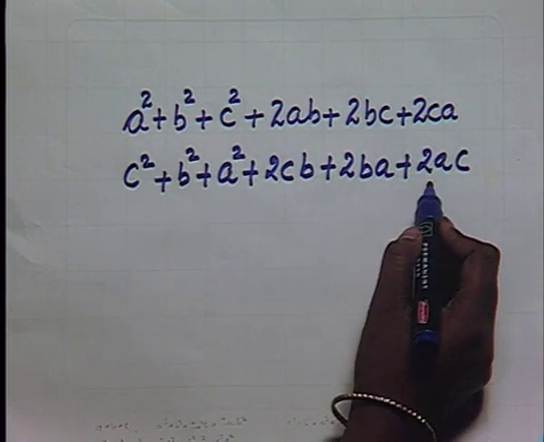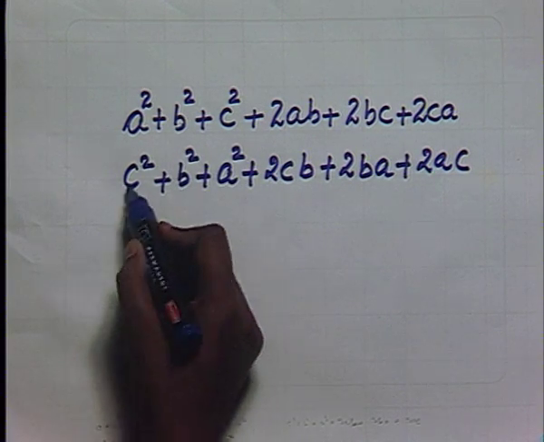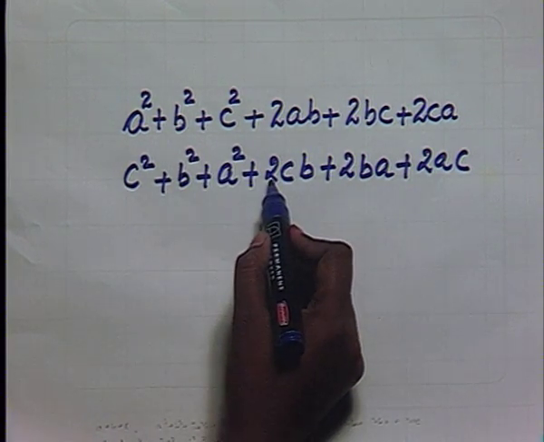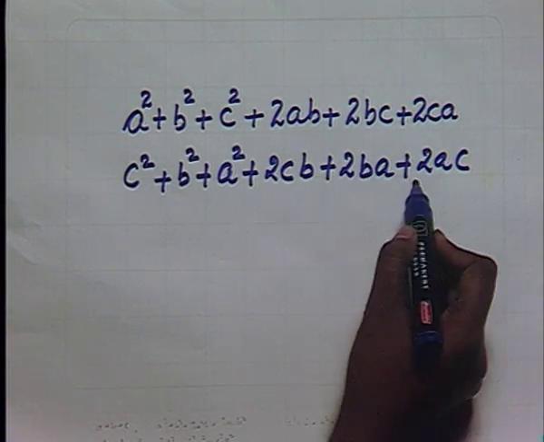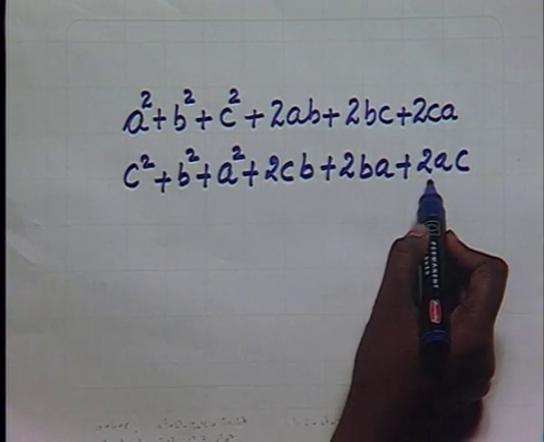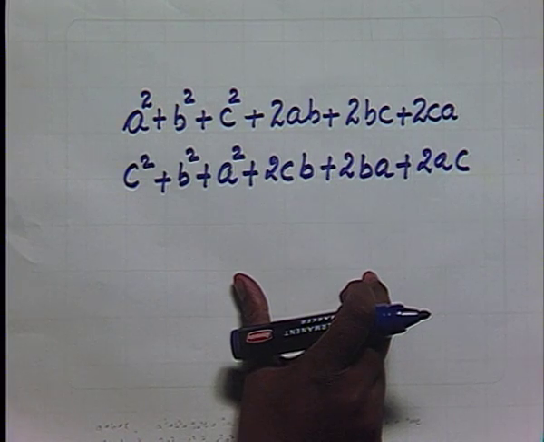Now, observe this expression. This has a square plus b square plus c square plus 2bc plus 2ab plus 2ac. So again you find that this expression is the same as the original expression.